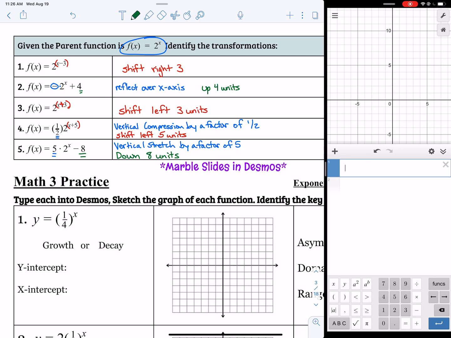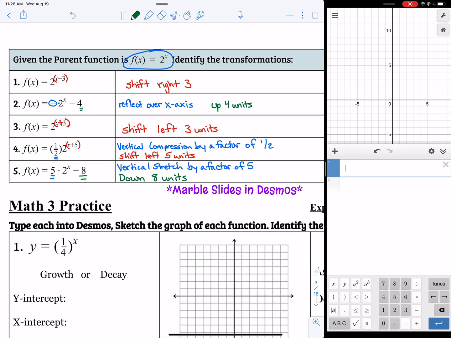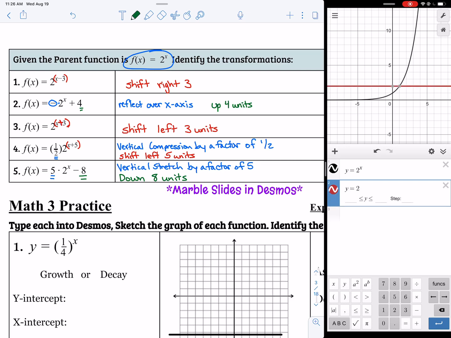But let me just show you something that would be really neat if you're working on your homework or a quiz or a test. Let's type in the parent function. So let's type y equals 2 to the x power, the plain parent function. And then let's type in number 1. y equals 2, then do the exponent key, but make sure you type it together so it's x minus 3 in parentheses to make sure it treats your function properly.